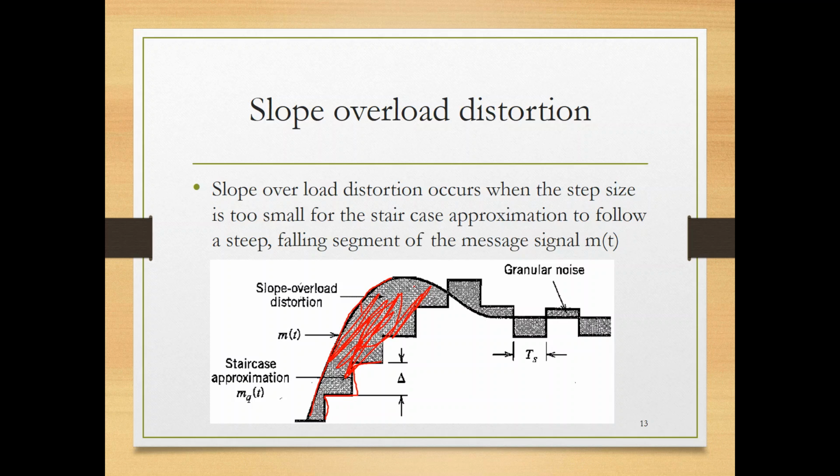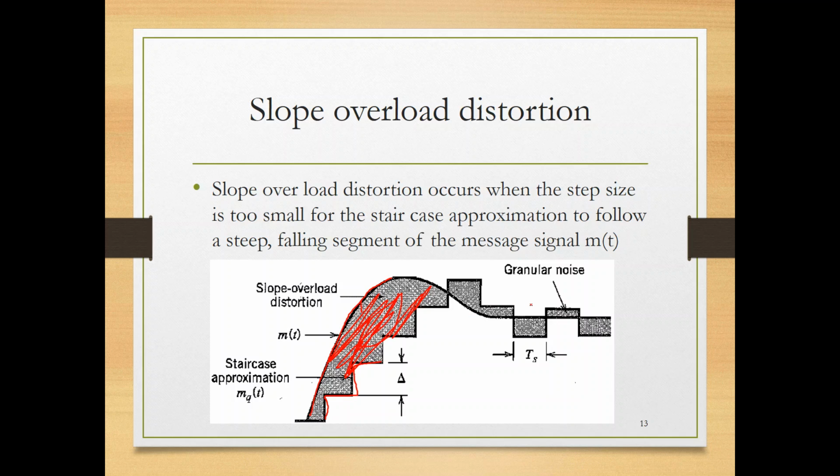So this is the cause of the first problem. Slope overload distortion happens when you use a low step size, a short step size that cannot cope up or follow the variation or the slope of the actual analog message signal.